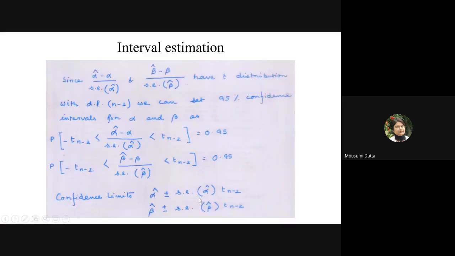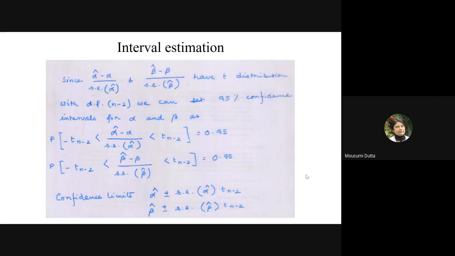Okay, so these are the two formulas you need to use. Confidence limits for alpha is given by alpha hat plus minus standard error of alpha hat into T n minus 2, that is T5, and here you have to find the 95% confidence interval. So T5 comma 0.025.